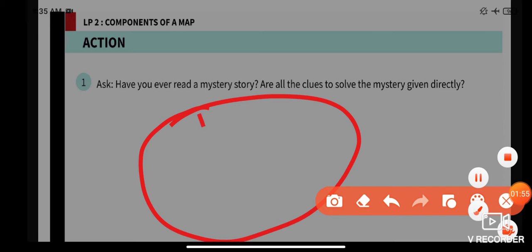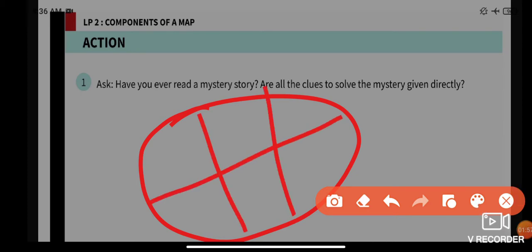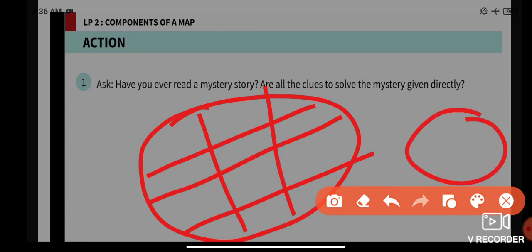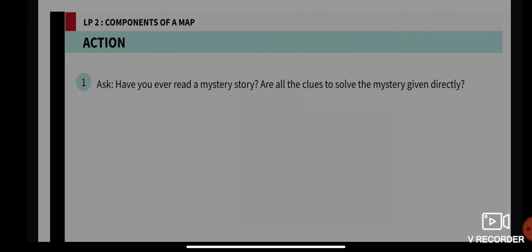You have to fill in these puzzles, and the clues are given randomly, not in a sequence, and you have to fix those clues into the given boxes. Do you think all the clues are given directly? And have you ever read a mystery story which you have to connect? And I'm sure you have come across, okay?